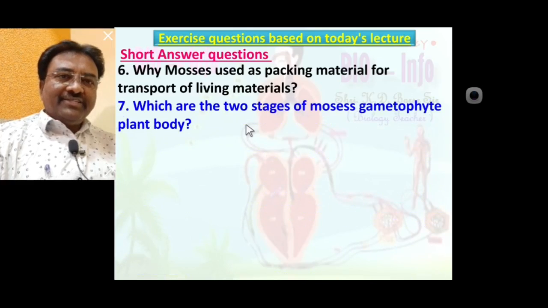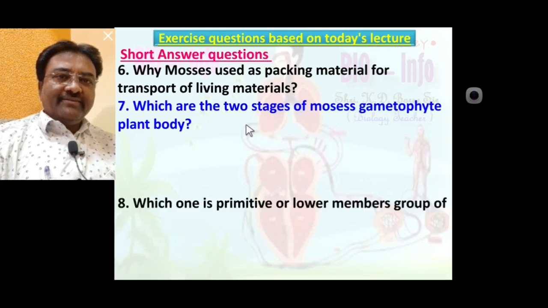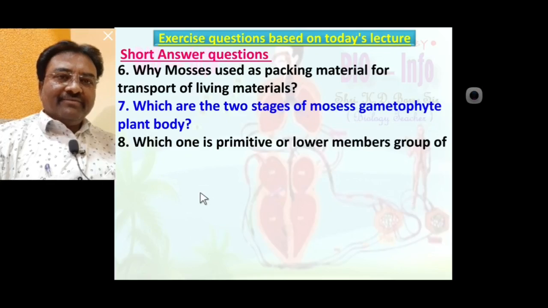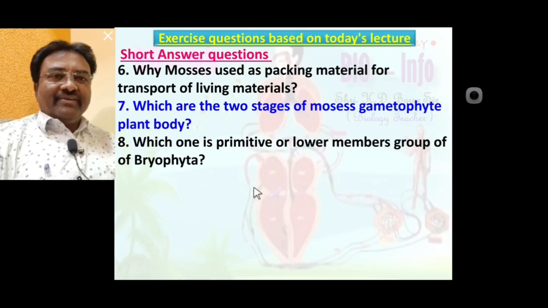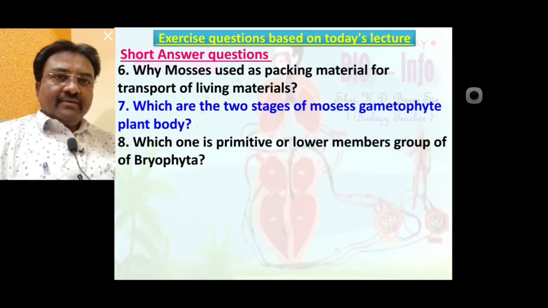Number 7, which are the 2 stages of the mosses gametophyte plant body? Protonema and leafy stage are the 2 stages seen in mosses gametophyte. Number 8, which one is the primitive or lower member group of Bryophyta? Liverwort is the primitive or lower member group of Bryophyta.